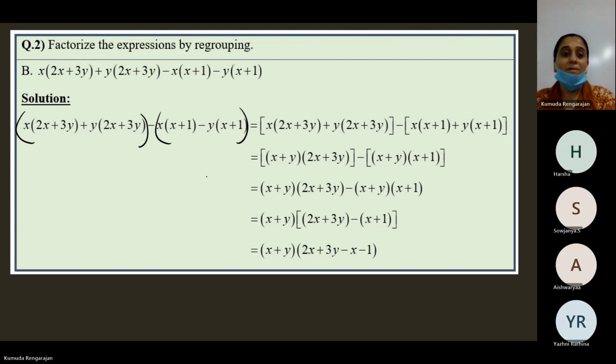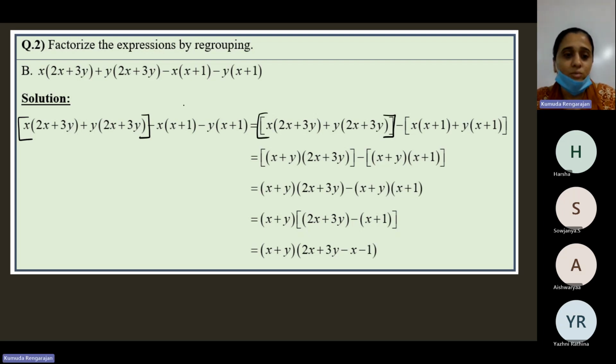But since there's a minus here, you cannot just put a bracket. See how the signs change inside the bracket. This one, you can just freely put a bracket. But when you put a bracket here, what happens? There's a minus, so minus into plus is minus.